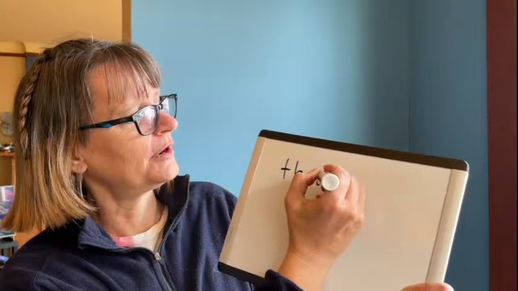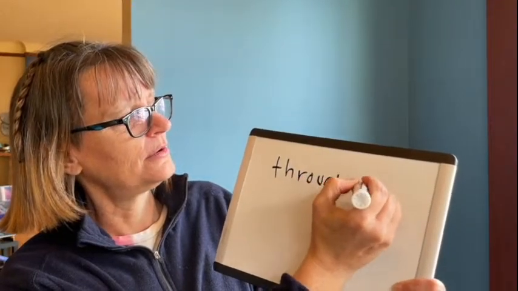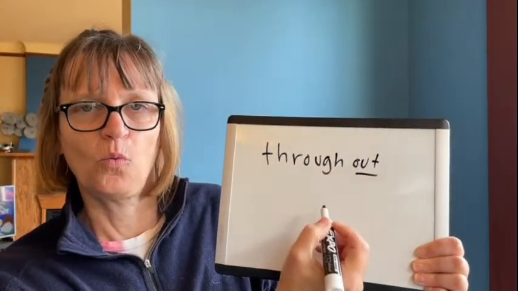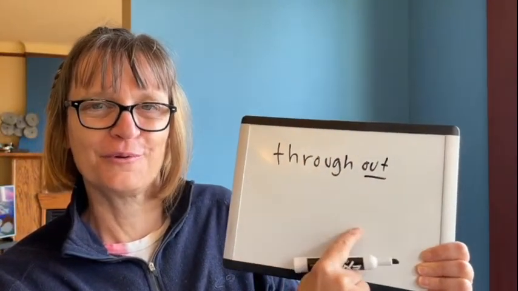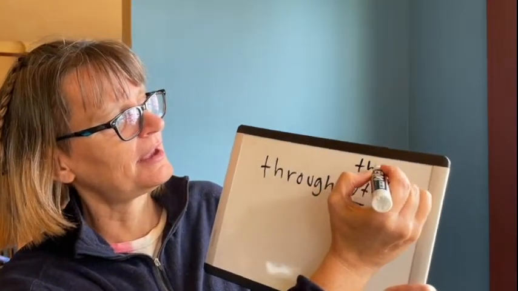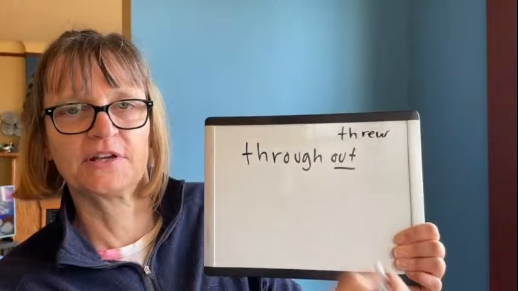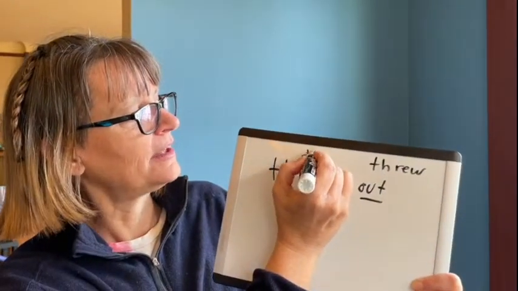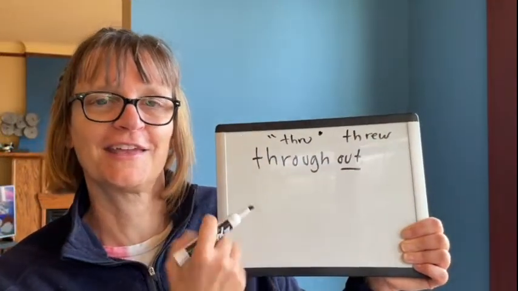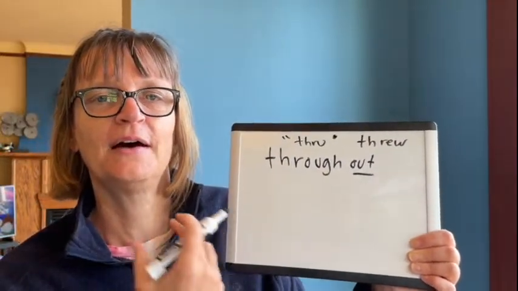Okay, we do have another question about the word throughout. So for throughout, we have second syllable stress, and I do have a video for throughout and through. This through is the same as the past tense, I threw the ball. And sometimes you see through misspelled like this, like in drive through, for example.